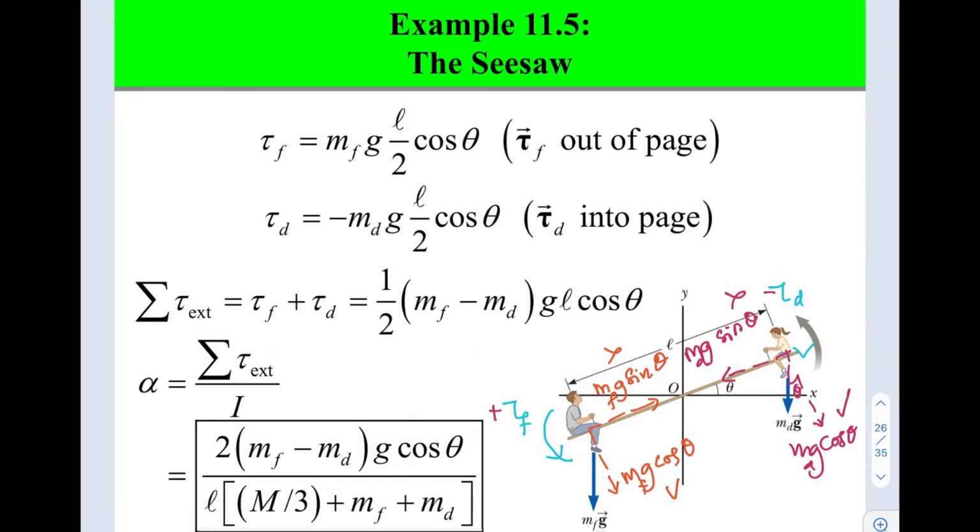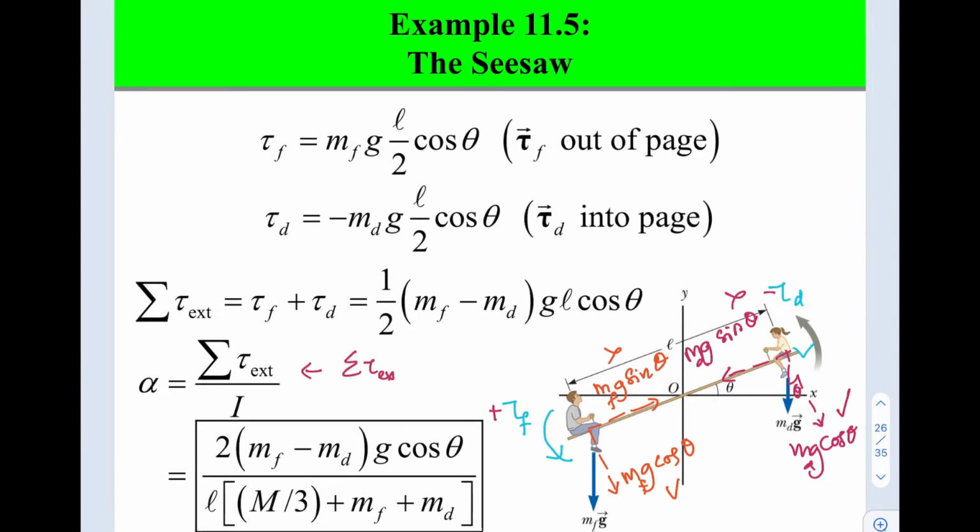Alright then. So we will do the sum of the torque external, which is equivalent to torque due to the father plus torque produced due to the weight of the daughter, which is going to be half, because it's factorized outside there. It's (m father minus m daughter) g L cos theta. This is torque external, but our interest is actually alpha.